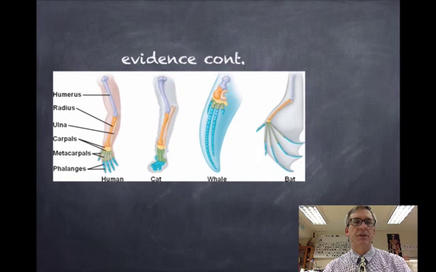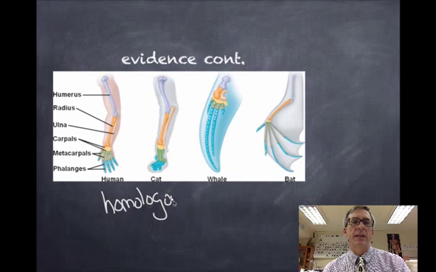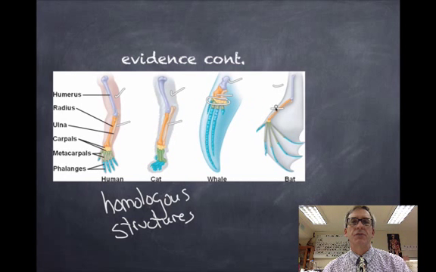Another great piece of evidence of evolution happens to be homologous structures. So we're looking at the forearms of 4 different mammals, and we might notice that they all have one upper arm bone. They have 2 bones in their forearms, and they have carpal bones, and then they have digits.